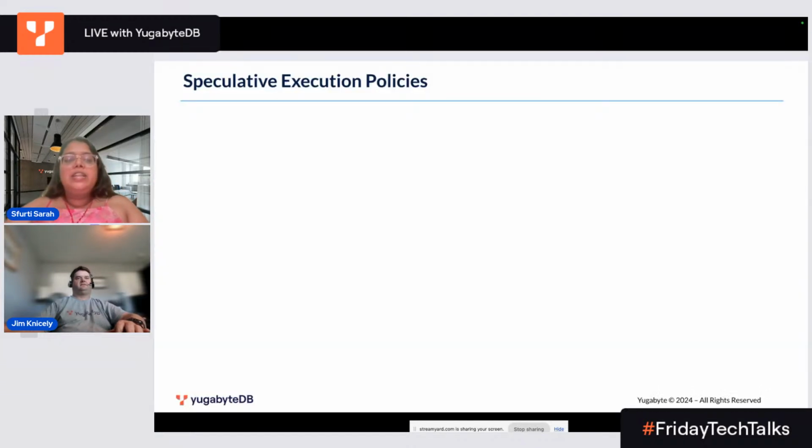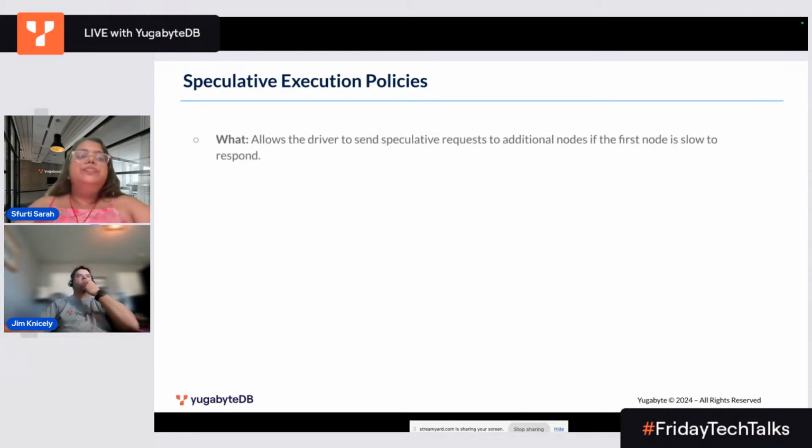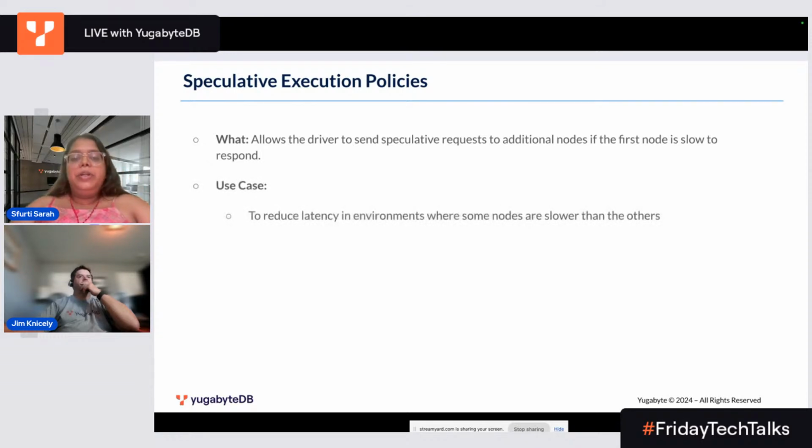The next plugin is the speculative execution policy. This policy allows the driver to send speculative requests to an additional node if the first node is slow to respond. So for example, you want to reduce latency in your environment where some nodes are slower than the others.